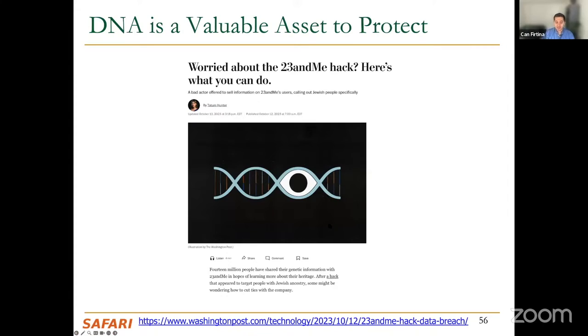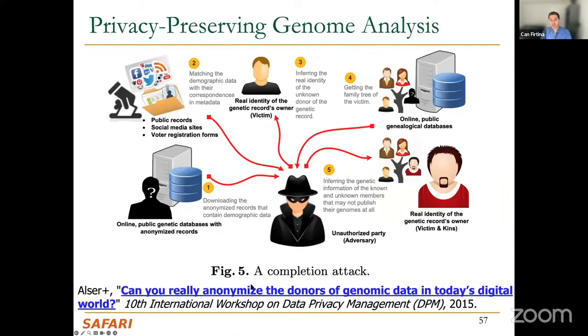In this particular case, a study published in the Washington Post claims that after a hack, it appeared that the hackers were targeting people with Jewish ancestry, right? So people are now wondering how to cut ties with the company so that their data is not leaked, even if it has not been leaked yet. They want to prevent this data leakage so that they won't be targeted in the future.